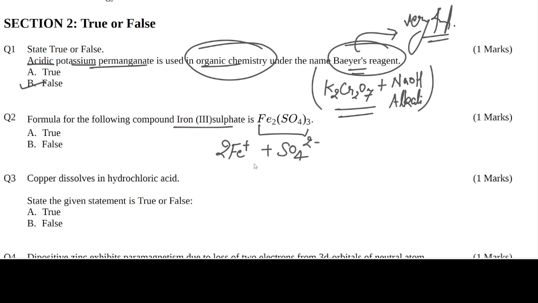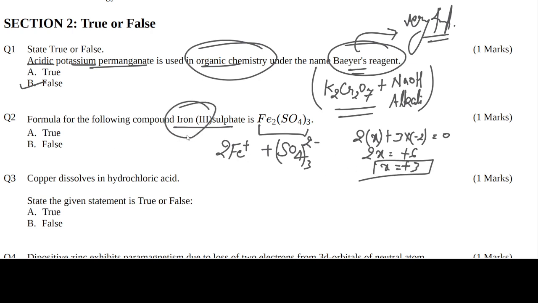If you take the oxidation state of iron, 2 times x plus 3 times minus 2 for the sulfate is 0. So 2x will be plus 6 balanced against minus 6, then x will be plus 3. Just a minute, yes, the total on sulfate is minus 6 and on iron it is plus 6, so each iron is plus 3. So iron is present in the plus 3 oxidation state, so this is a true statement. Let's move to the next question.